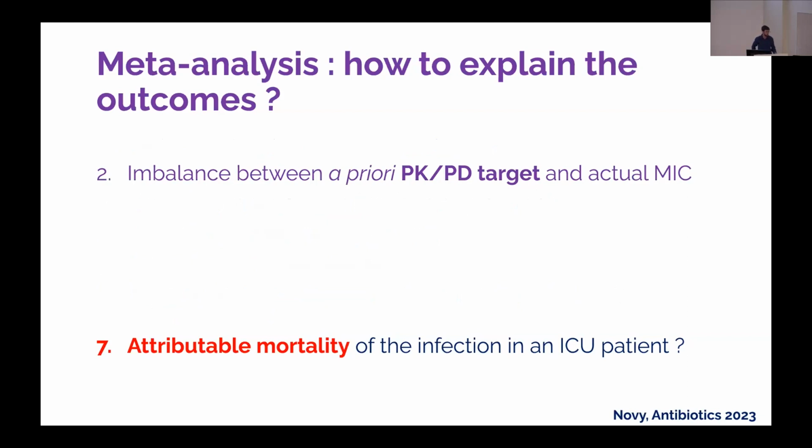And the second one is the attributable mortality for infection in an ICU patient. It is very hard to say that the mortality is only secondary to the infection by itself, but maybe also to the reason that leads the patient to the ICU, his comorbidity, etc.